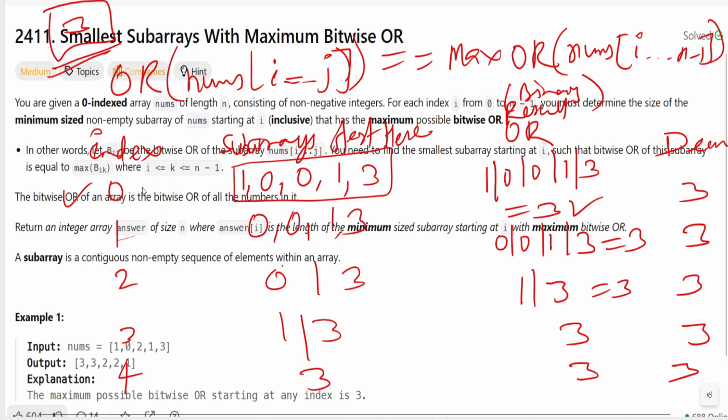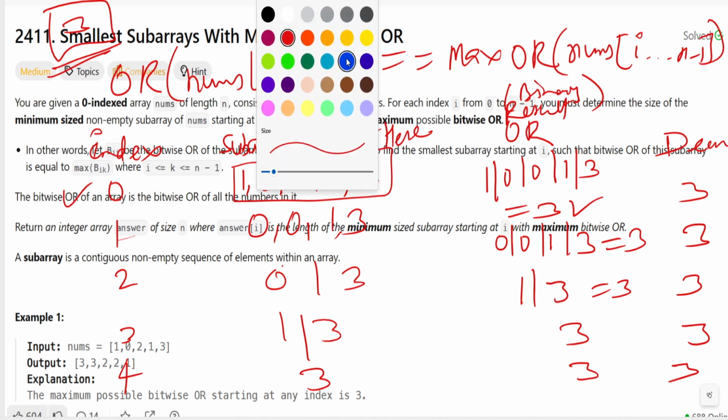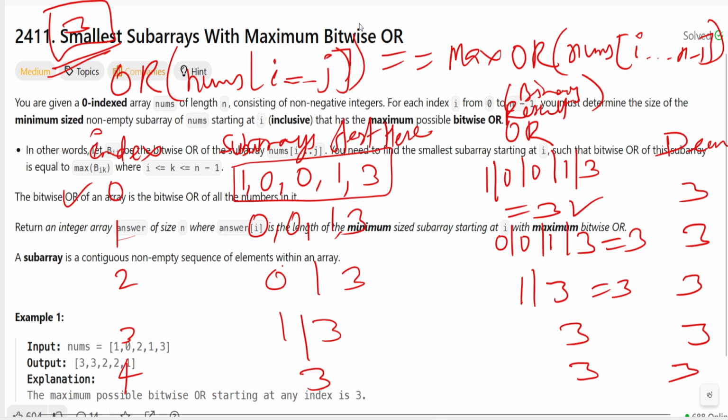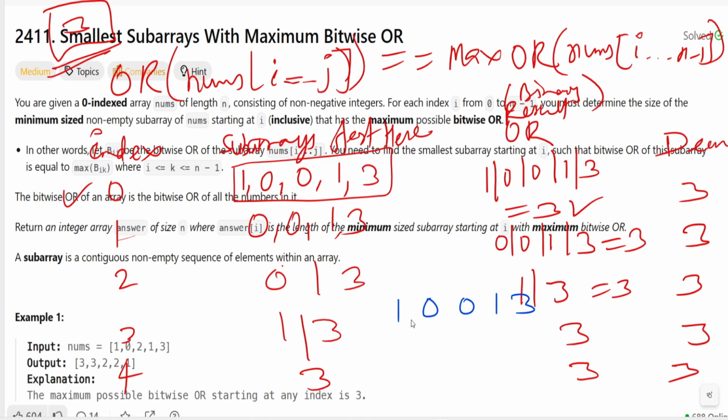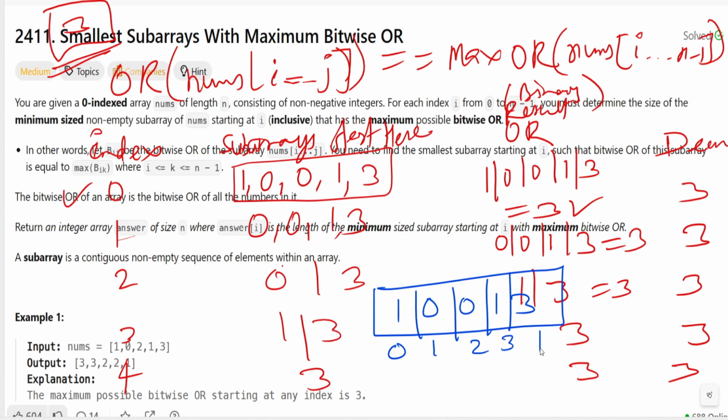Similarly, you have to find it at all the indexes. What have we observed here? If there is an array, the array we have chosen is 1, 0, 0, 1, 3, starting at index 0, 1, 2, 3, and 4.